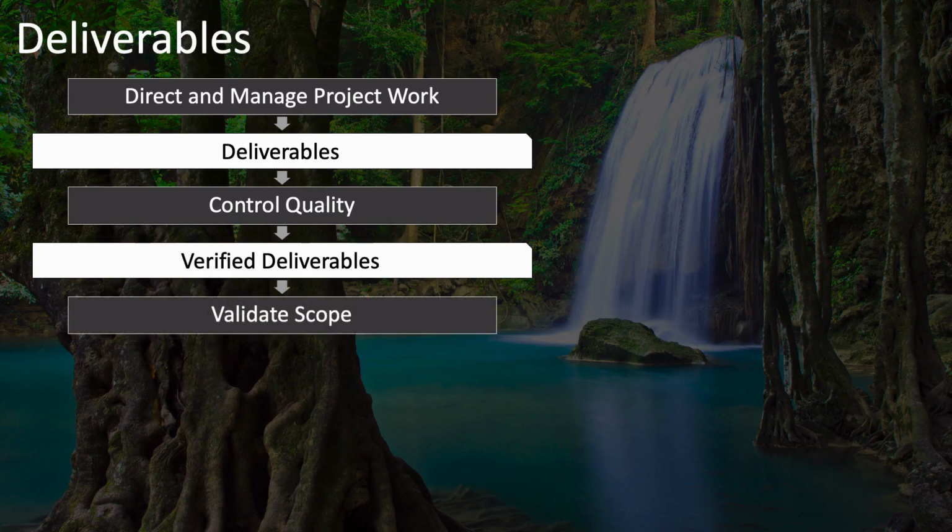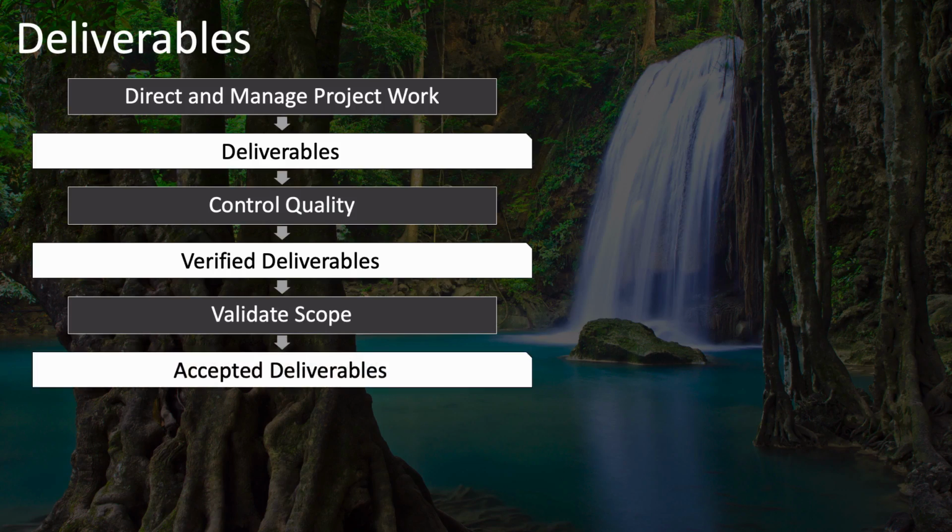And then those verified deliverables go where? To the validate scope process, which is about sitting down with the stakeholders and reviewing the deliverables and the quality requirements that have been met and demonstrating that this is now fit for purpose and fit for use, and getting the acceptance of the key stakeholders. Once that acceptance has been gained, these deliverables are then given another new name, accepted deliverables.